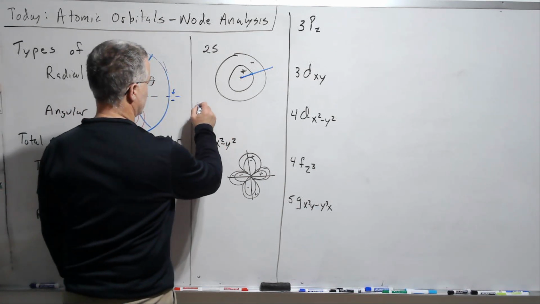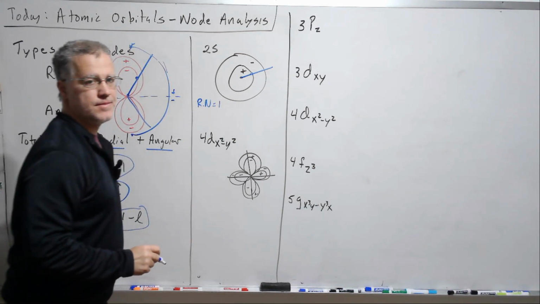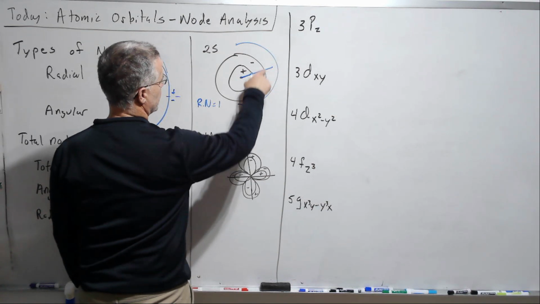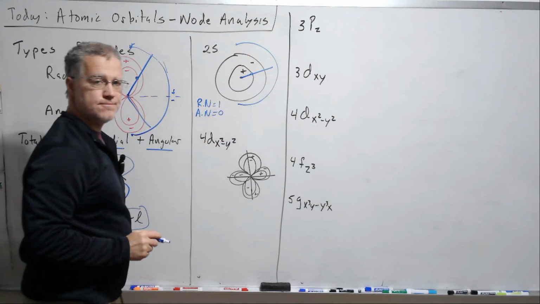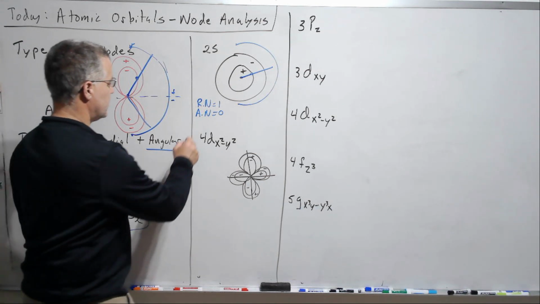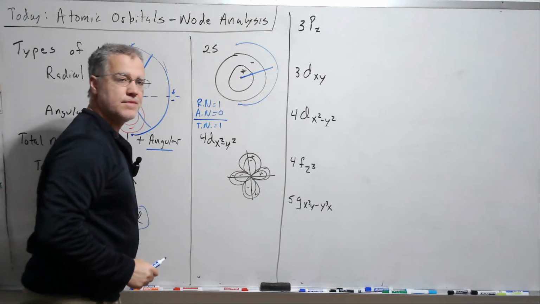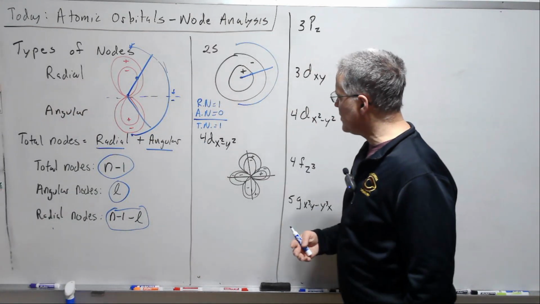So radial nodes equals 1. Angular nodes equals 0. Total nodes equals 1. So there we use the picture, and we just counted the appropriate types of nodes.